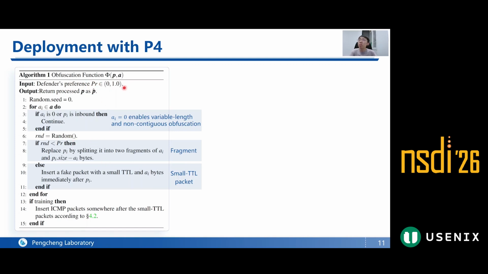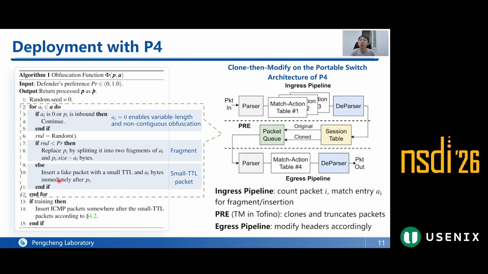Every time, we generate a random variable and compare it with the preference parameter, so as to choose one of these 2 operations for the packet. Then these 3 logics are implemented in the portable switch architecture in P4, and they are unified in the clone-then-modify primitive as we discussed.